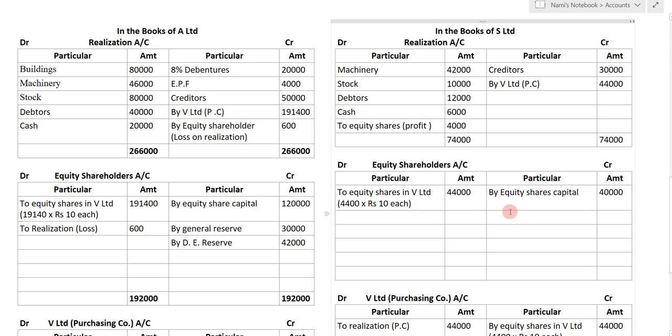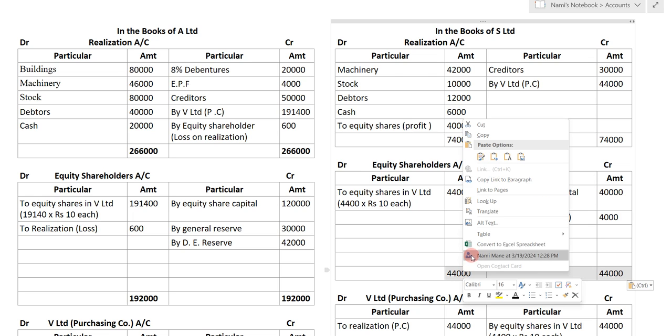And now here the second effect you will give in the credit side, transfer the profit to the credit side of equity shareholders by realization, that is called as profit, 4,000. So if we close the equity shareholders account, both the credit and debit sides are the same, that is tallied.